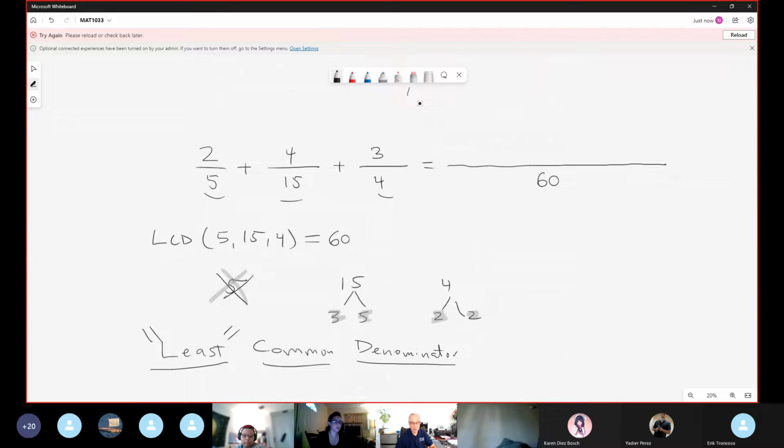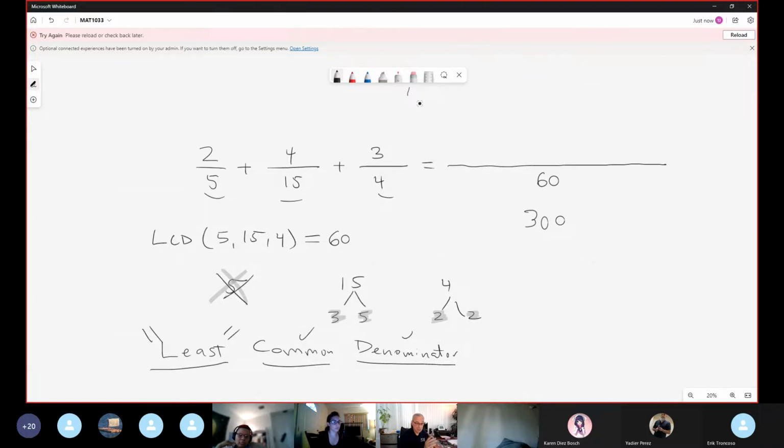If you consider the extra 5, you get 300, because 60 times 5 is 300. This is a common denominator, but not the least common denominator. Do you understand now?